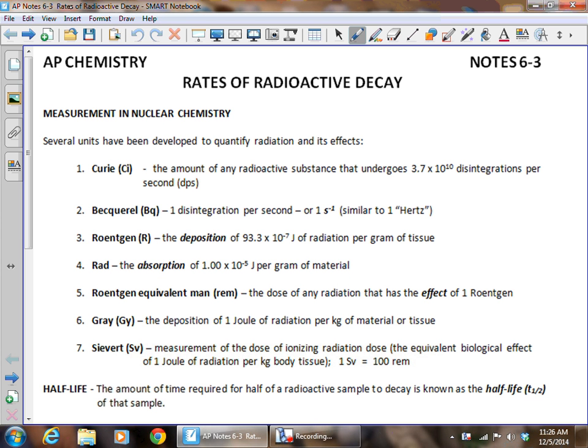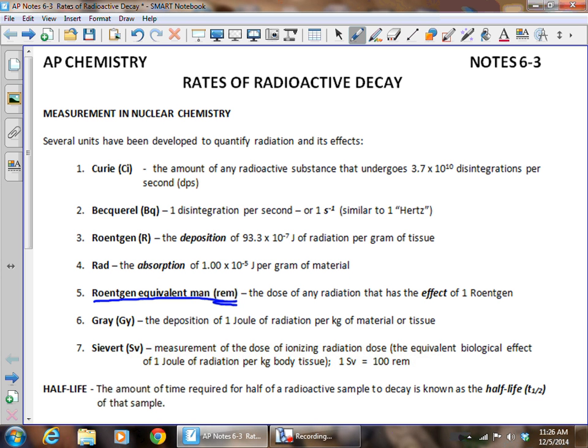When we do measurements in chemistry, there are a variety of different measurements. These are some of them. I am not going to read through all of these because it won't increase your understanding any, but I will say that in the past, in industry, the REM has been the unit of choice for determining how much radioactive exposure an individual has had.